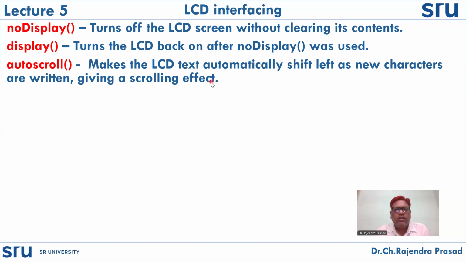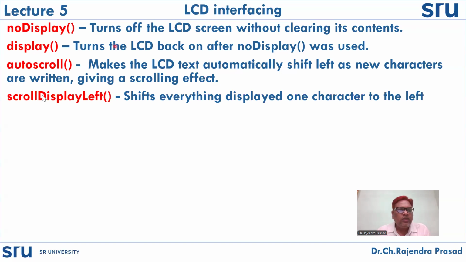It automatically shifts the data to the left whenever a new character is entered. And one more important thing, this is used whenever we are using dynamic data or long data. This is the main use of the autoscroll option of LCD.